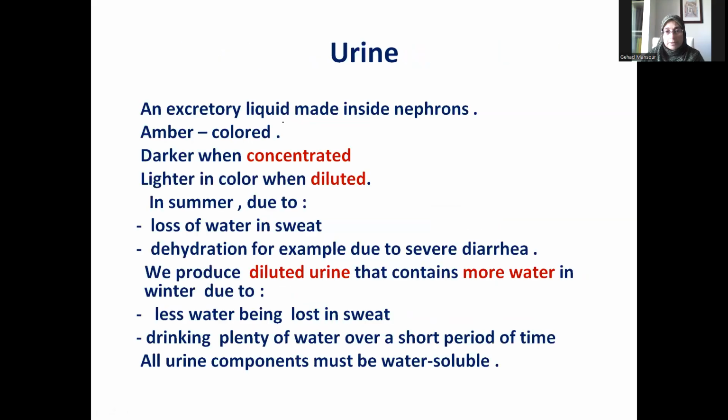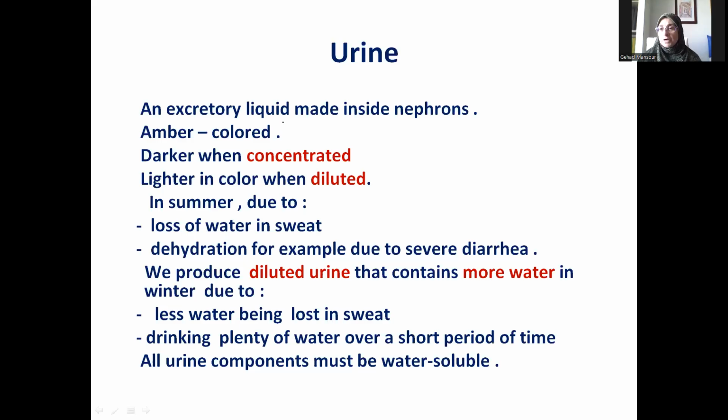We have said all this, and we said what concentrated is and what diluted is, and you have to know the reasons or causes of a more concentrated urine. You can get a more concentrated urine when you don't drink enough water, when you're starved, when you're dehydrated for a reason or another, when you sweat a lot.